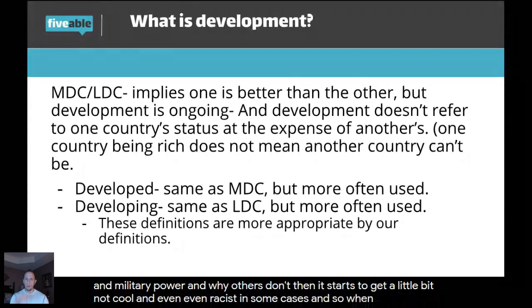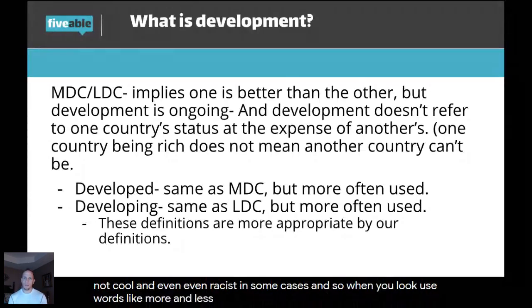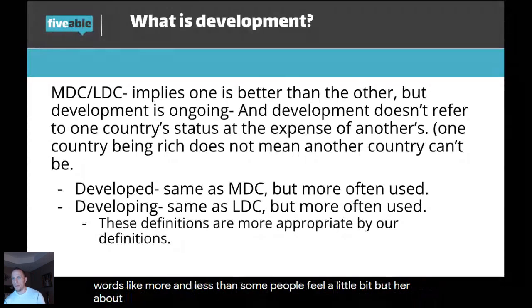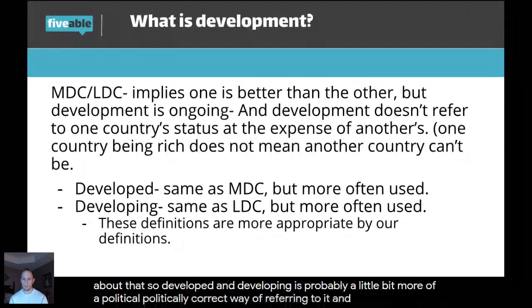And so when you use words like more and less, then some people feel a little bit upset about that. So developed and developing is probably a more politically correct way of referring to it, and we see a lot of people referring to it in those ways.